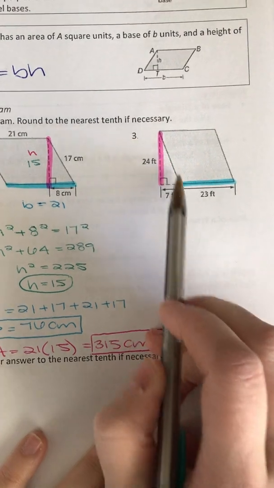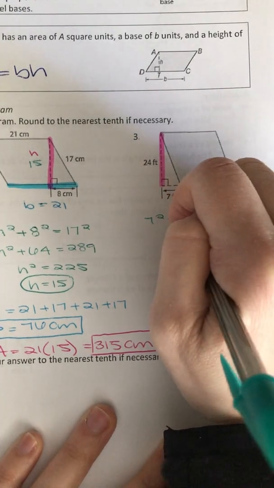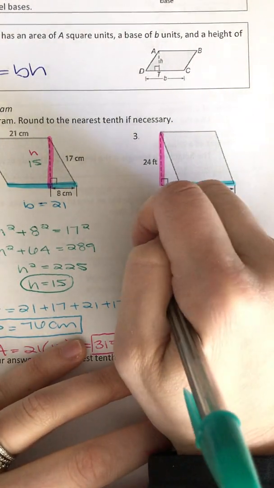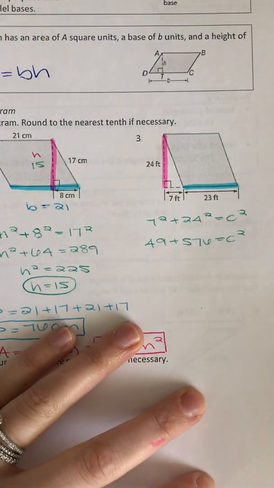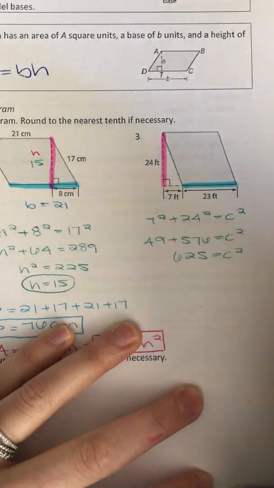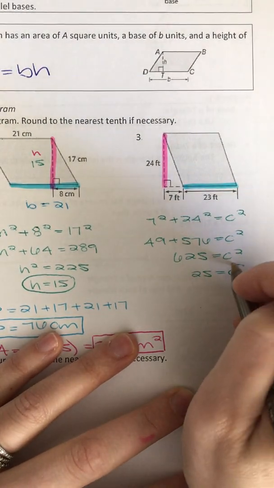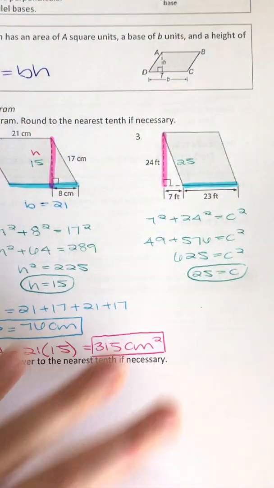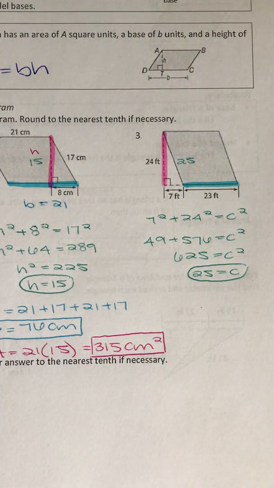So I'm going to use this white triangle out here, which is not part of my parallelogram. So 25 there. So now I'm set for perimeter.